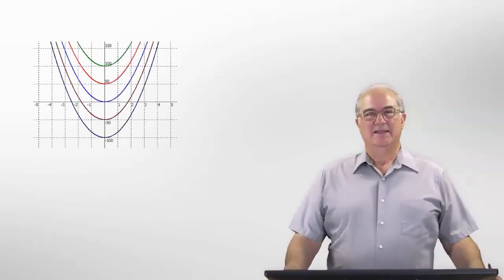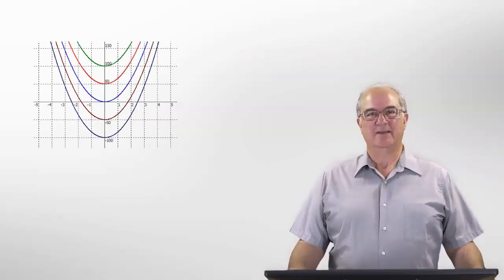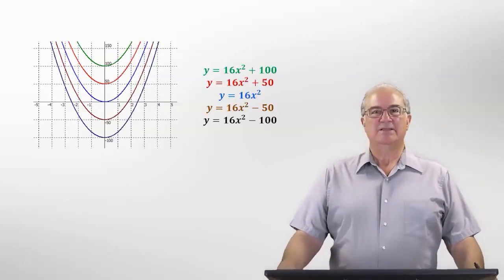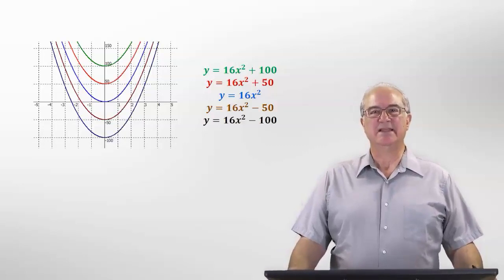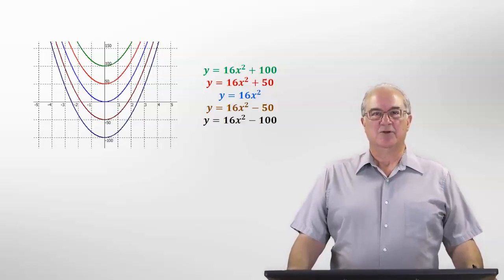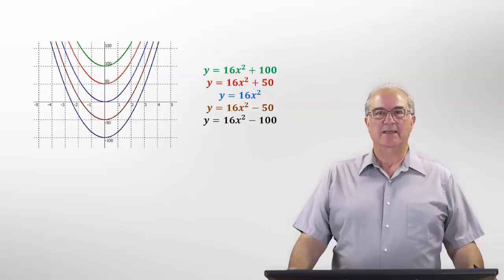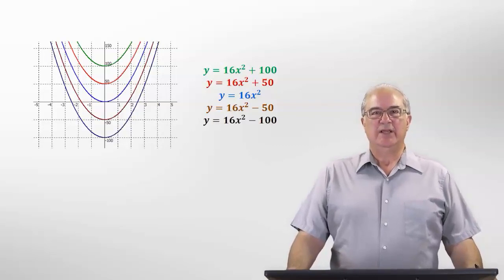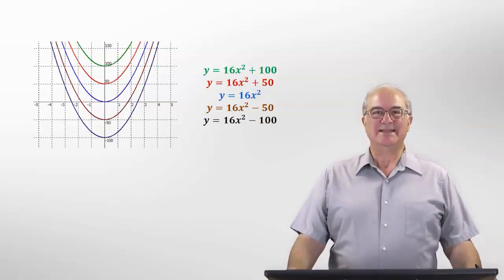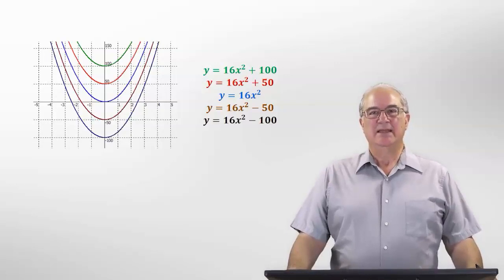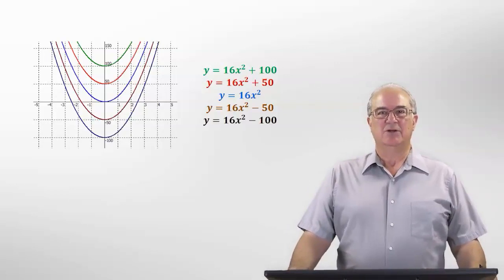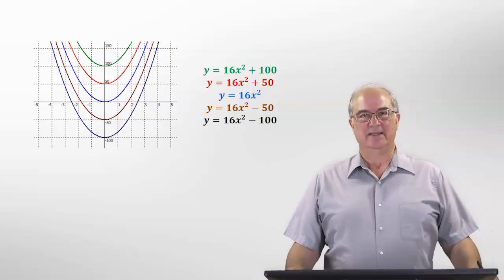So let's take a look at these 5 curves that appear on the graph and the algebraic expressions that represent them. They are color-coded in an obvious way. We see that they all share a quadratic term 16x squared, and then each one differs in the constant that is added to the quadratic term.